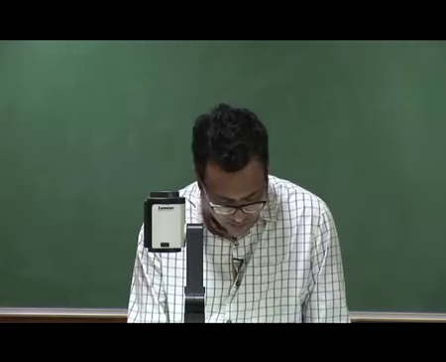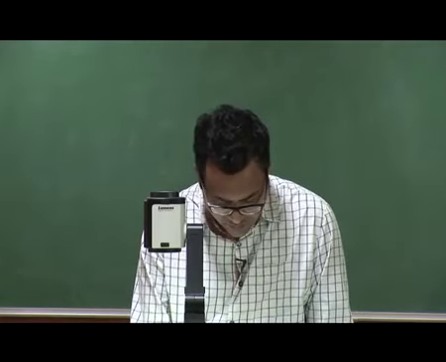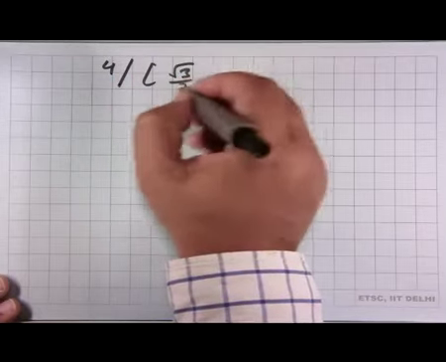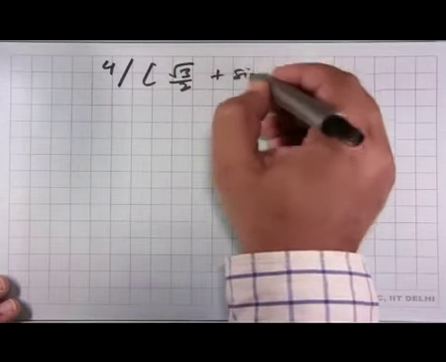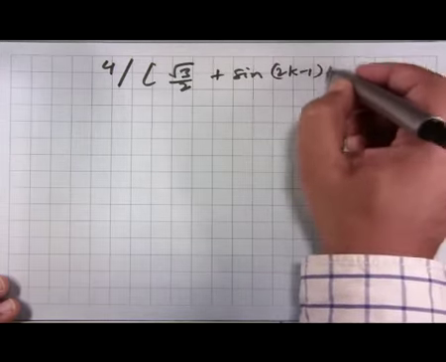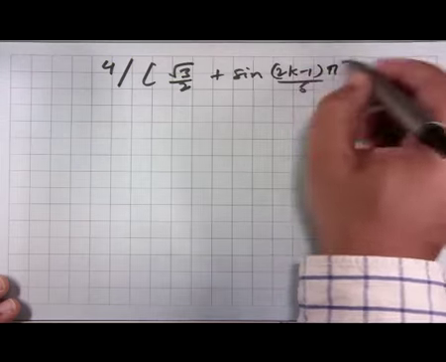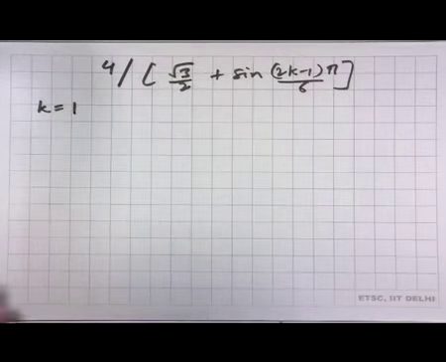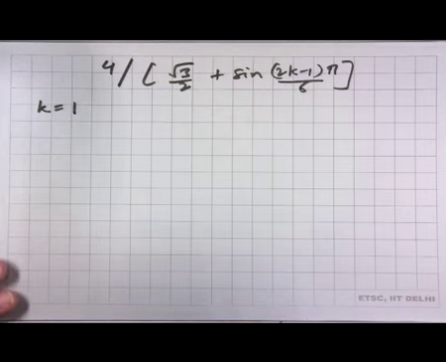So, the kth term is 4 upon root 3 by 2 plus sine of (2k minus 1) times pi over 6. So, we will write all the 6 terms now.